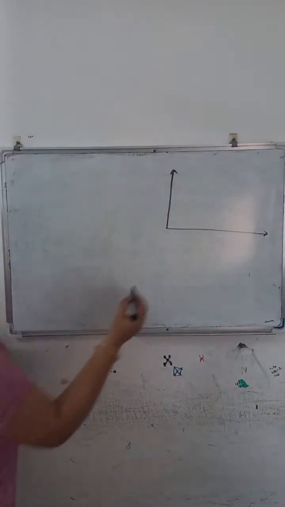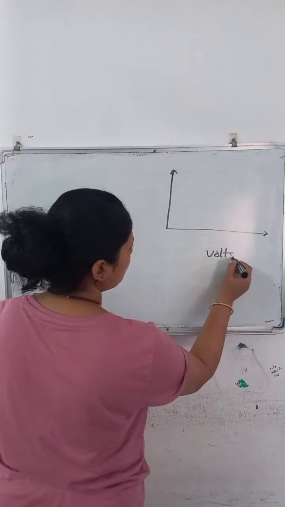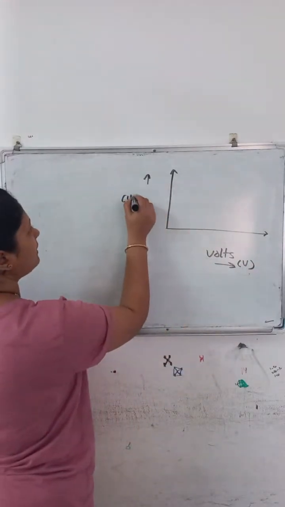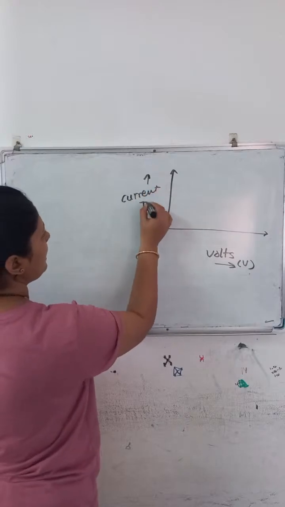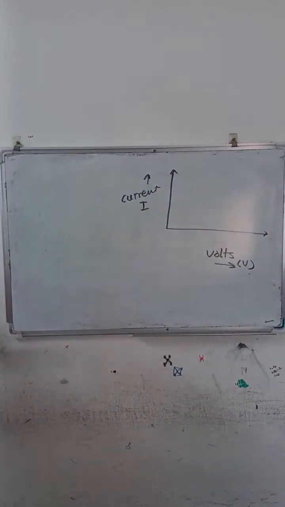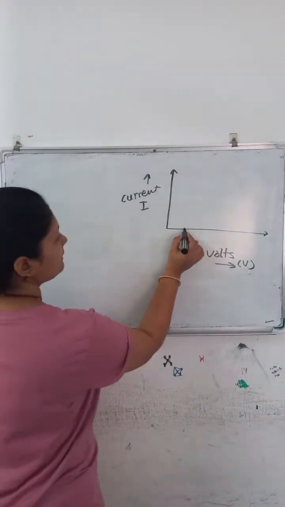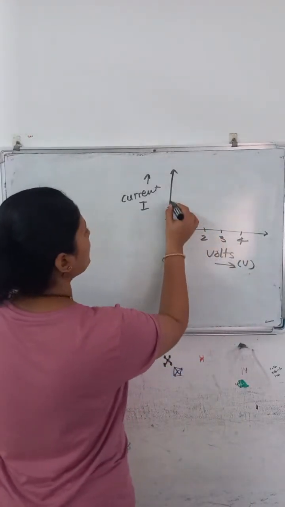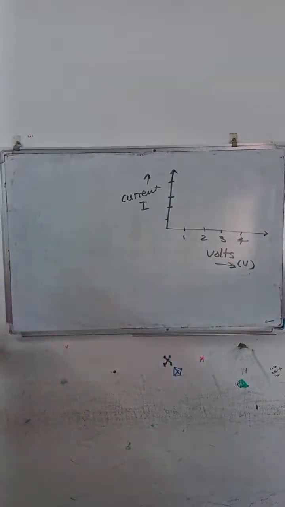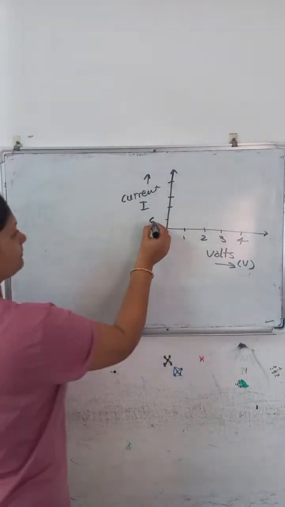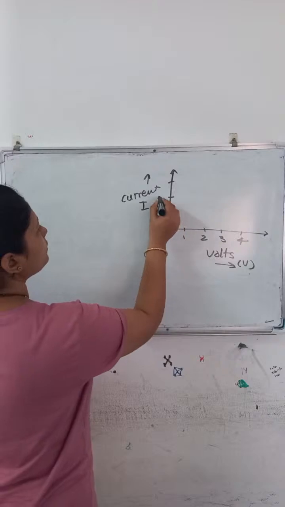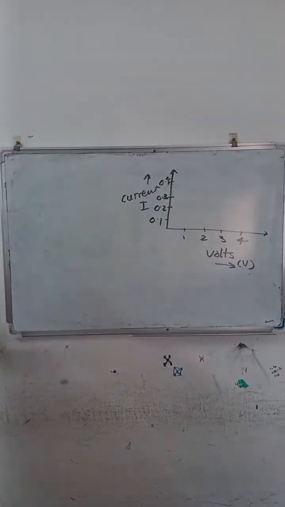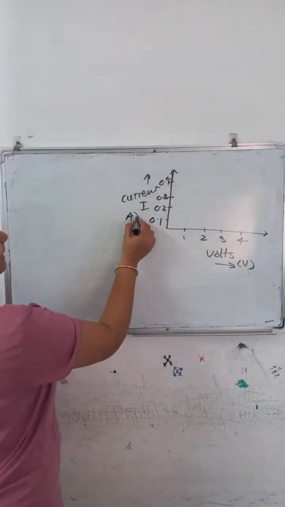Here along the x-axis we have voltage V, and along the y-axis we have current I. The scale is given as 1, 2, 3, 4 for voltage and 0.1, 0.2, 0.3 and 0.4 for current, in amperes.